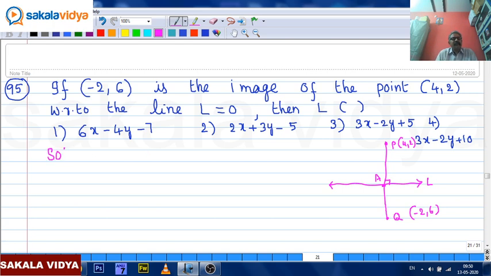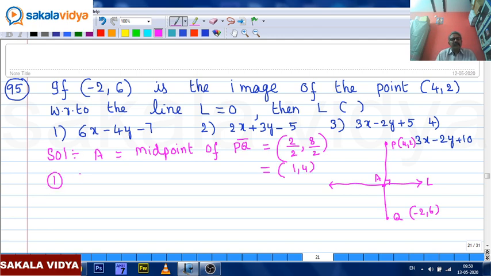So, solution, let us find out. A equals the midpoint of segment PQ. This equals (4 plus minus 2) by 2, that is (x1 plus x2) by 2, (y1 plus y2) by 2, 8 by 2. This is 1 comma 4. First option: 6 minus 16 minus 7 does not equal 0, so it is ruled out.